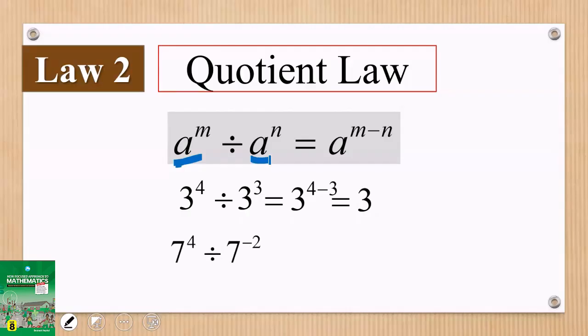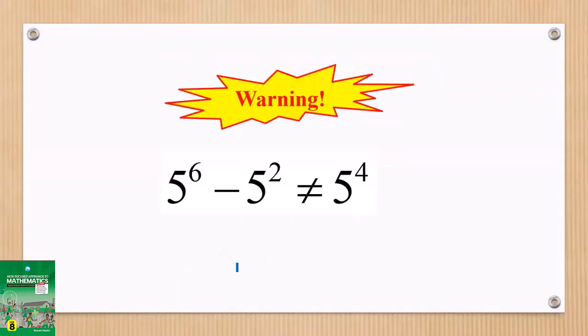Again, if I have 7 exponent 4 divided by 7 exponent negative 2, because I'm dividing and the bases are the same, I'll keep one base and then subtract the exponents, which will be 4 minus negative 2, and that will give us 7 to the power 6. Let's take another caution here.